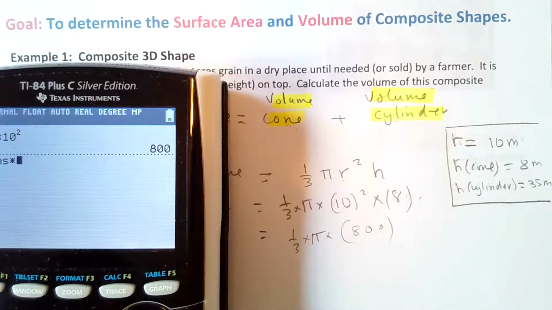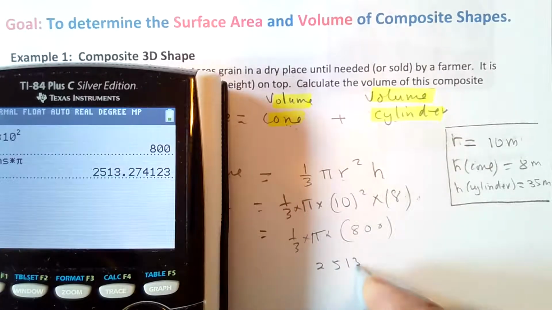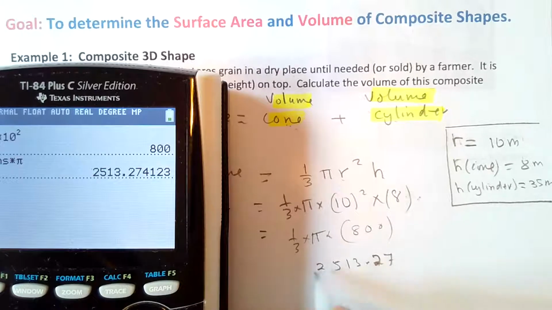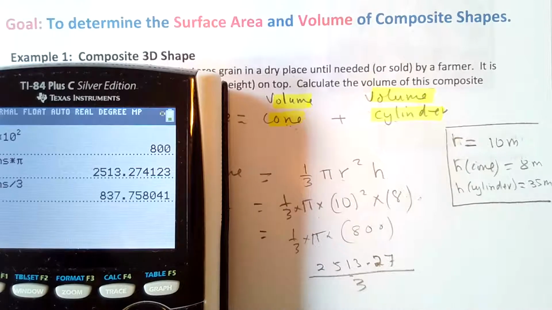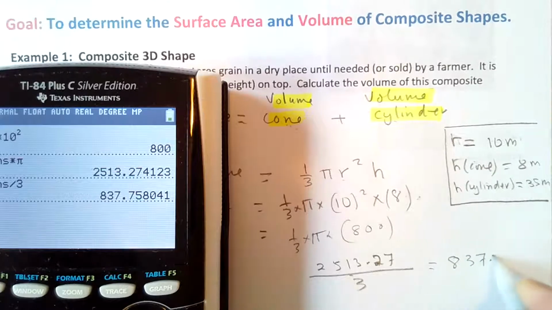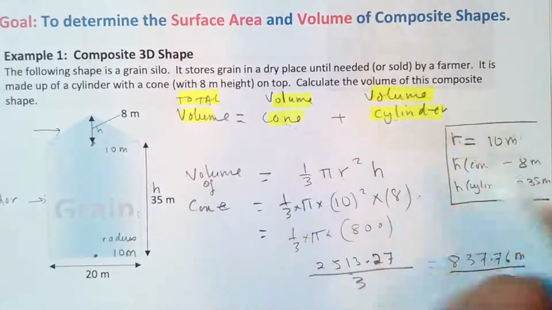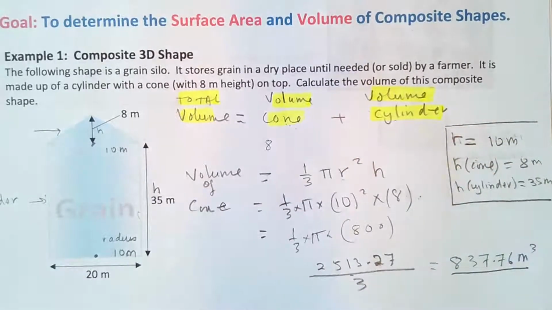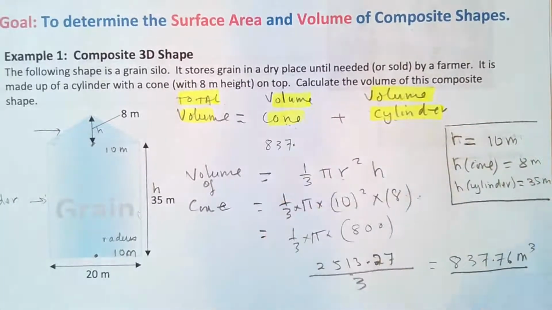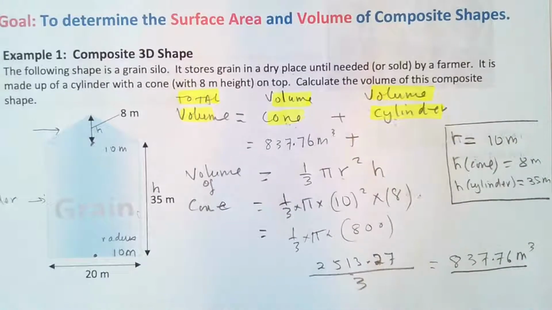So multiply that now by pi, which gives us 2513.27. Now I'm going to divide it by 3, which gives us an answer of 837.76 cubic meters. So the cone is 837.76 cubic meters. Now we need to find the cylinder.